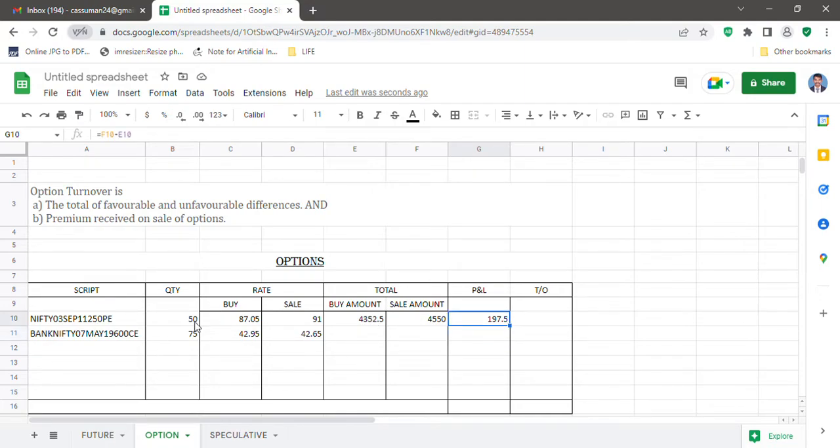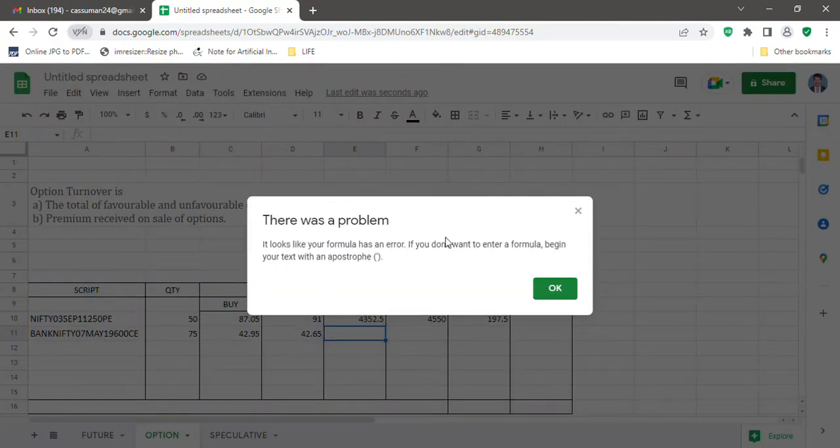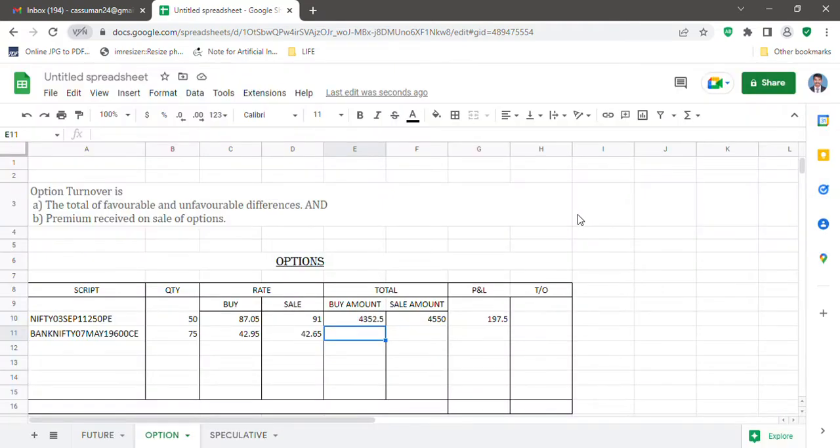Let's check it for this Bank Nifty. Okay, first calculate the buy amount, that is buy rate into quantity, and the sell amount, sell rate into quantity.